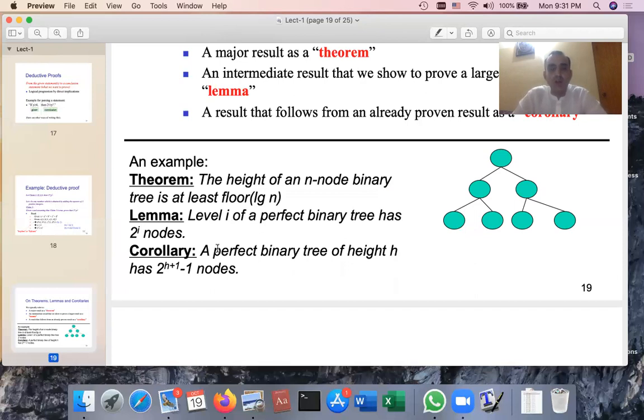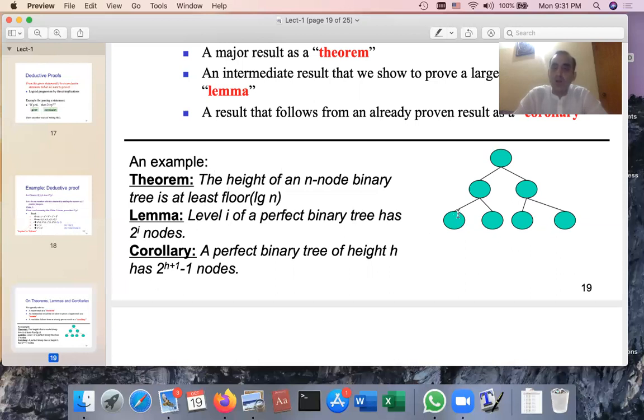Similarly, a corollary: a perfect binary tree of height h, whatever the height is. You can calculate the total number of nodes of that perfect binary tree using this formula, 2 raised to the power h plus 1, minus 1. So here I have the height, how much? 2, which I calculated in the first theorem.